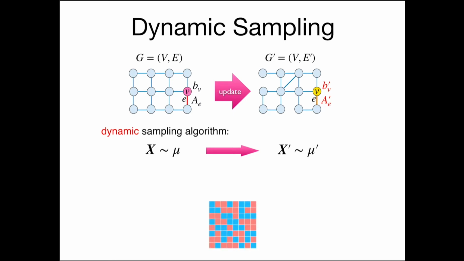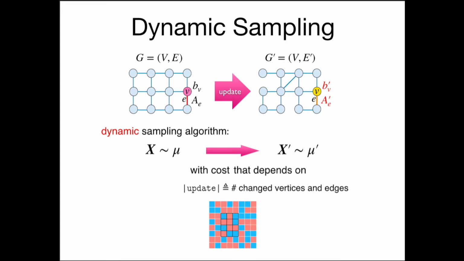For example, given a sample of this Ising model on a grid, when this edge is changed, we want to obtain a correct sample of the new Ising model by reshuffling only part of the sample, possibly close to the updated sites. We allow multiple vertices and edges to be updated. And so we measure the size of the update by the total number of vertices and edges on which the two graphical models differ, including those vertices and edges whose fields or activities have changed.